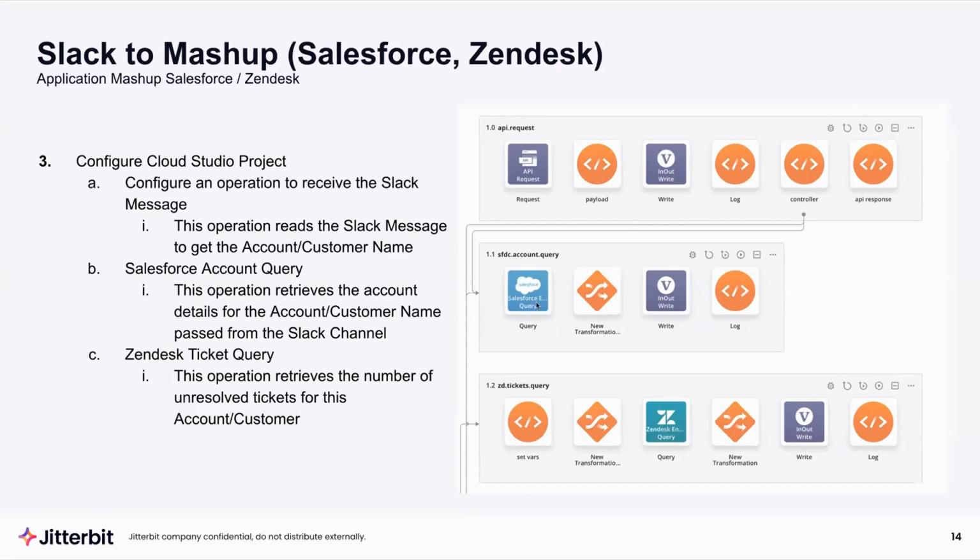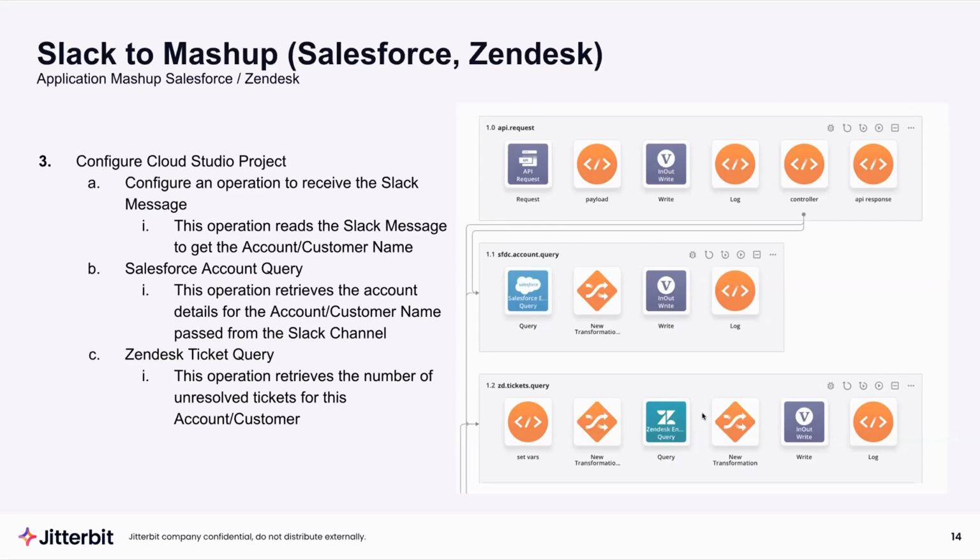to the Salesforce connector to retrieve the information about that customer. Those attributes we hold in variables within the project. Following that, we do a ticket query into Zendesk to get the number of tickets that are in a non-closed status.